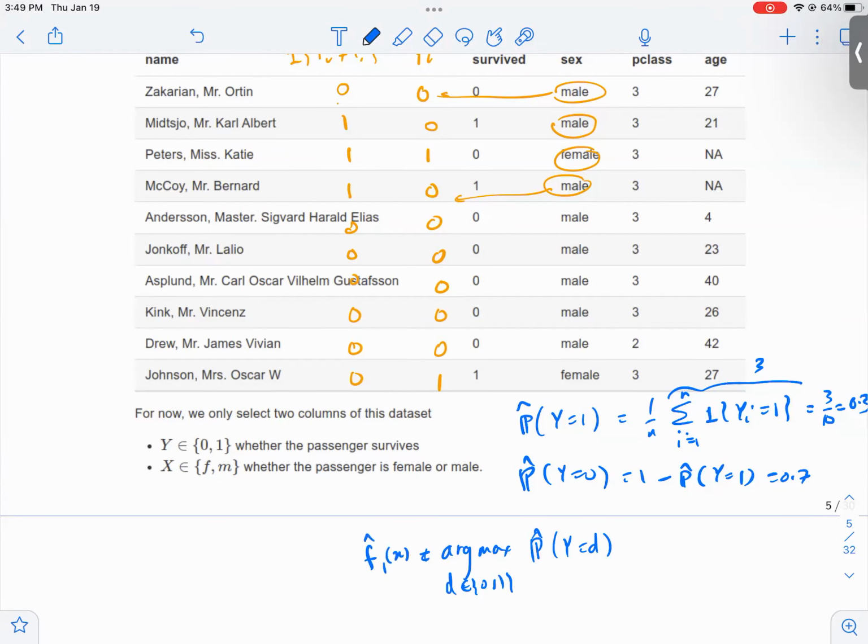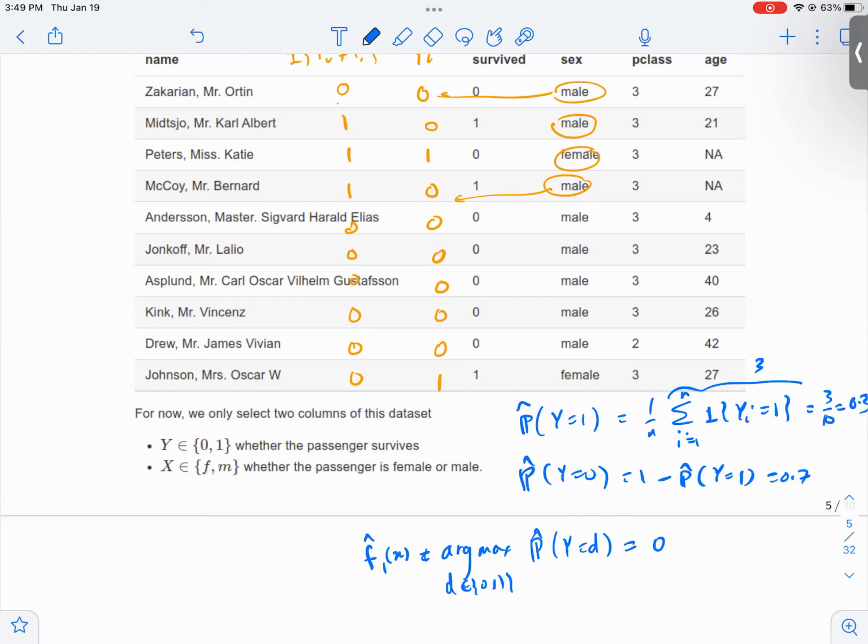Let's call this f hat 1. It doesn't depend on x actually. So this turns out to be 0 no matter what x is. We can actually discard x. It's just going to be always 0 for whatever feature you want. The decision is always 0. It ignores the features.